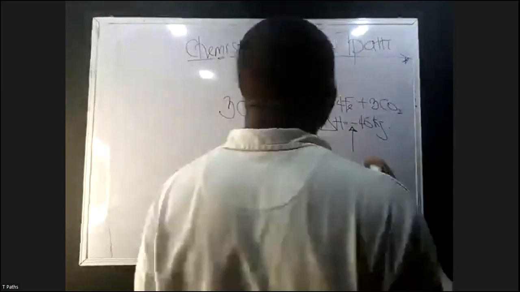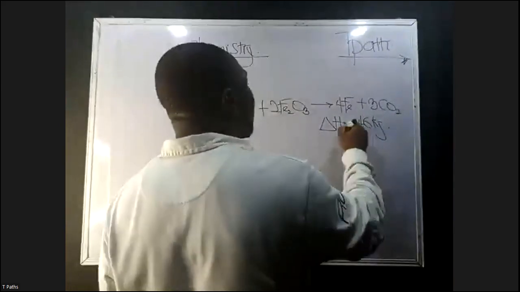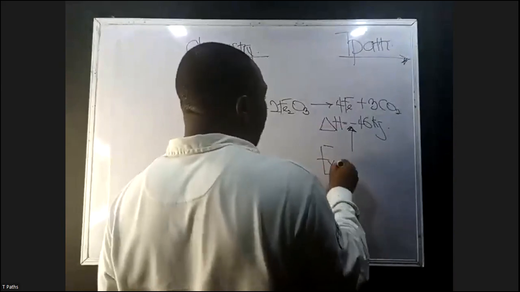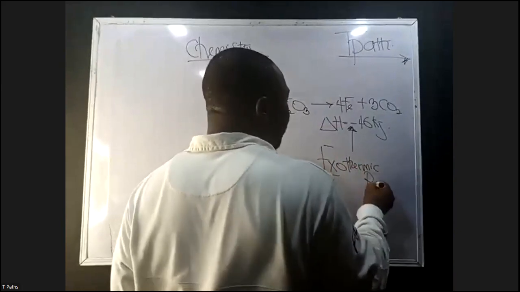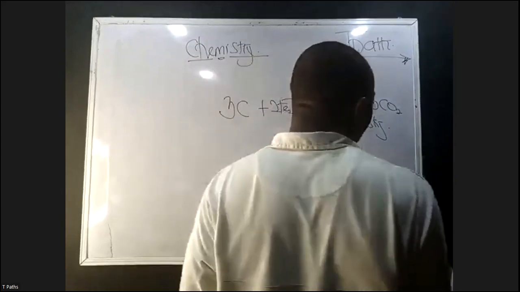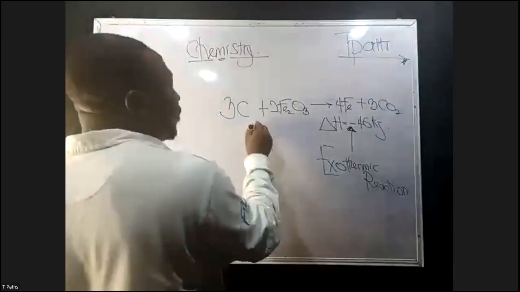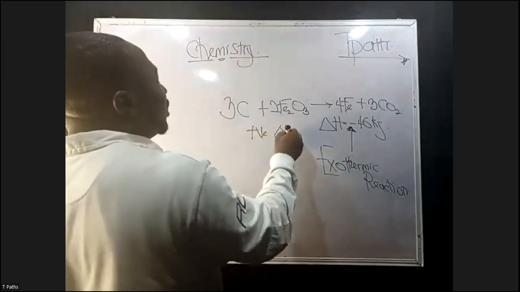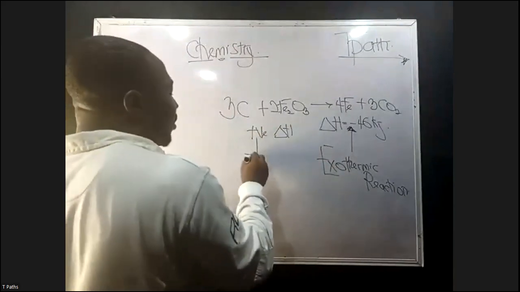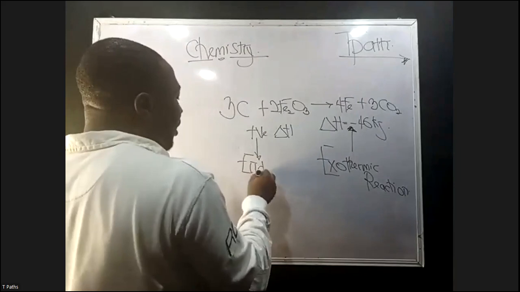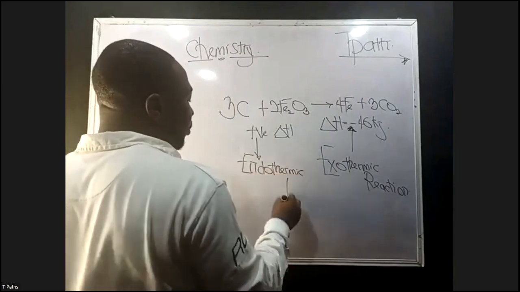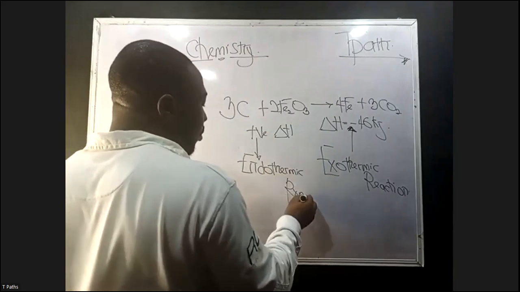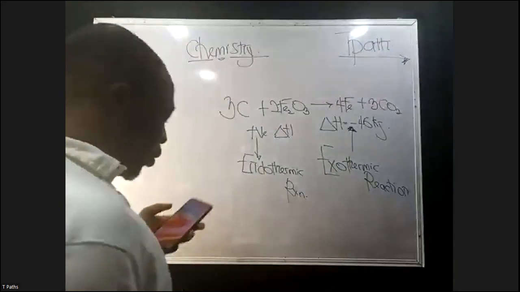We need to recall that negative enthalpy means exothermic reaction. Please let's note this: negative delta H is an exothermic reaction, and if you have a positive delta H, it is called an endothermic reaction. I hope you are all following.